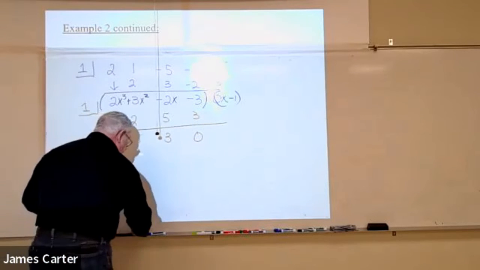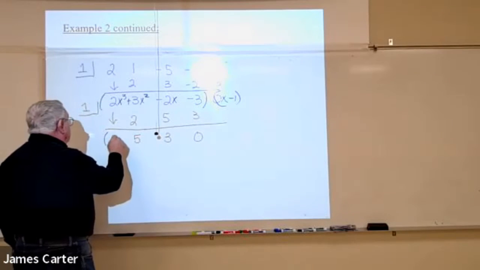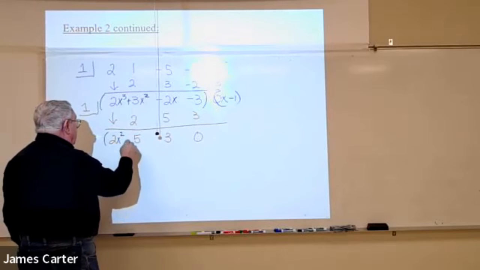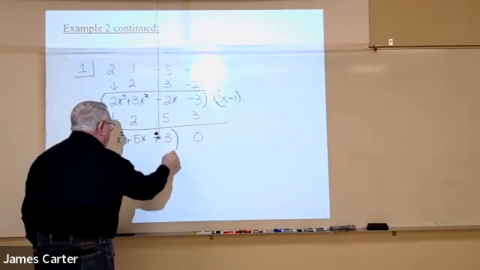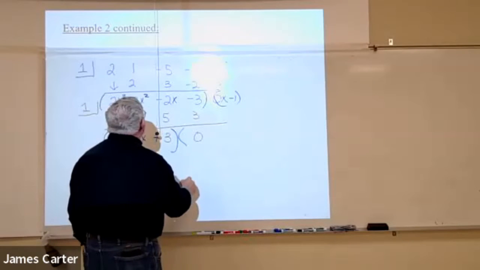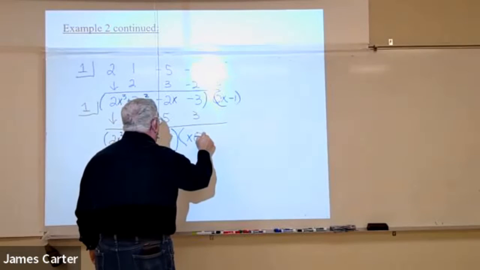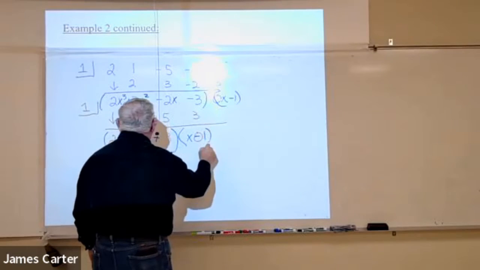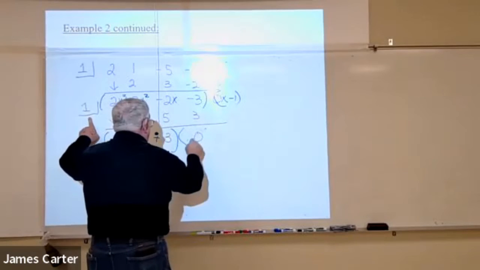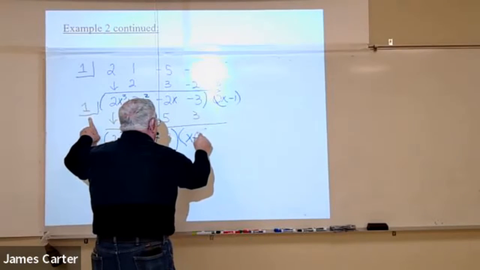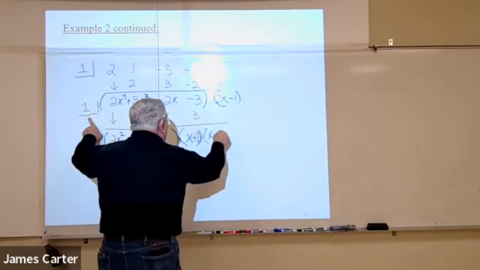So now what we've got is 2x squared plus 5x plus 3 times x minus 1, times this x minus 1.